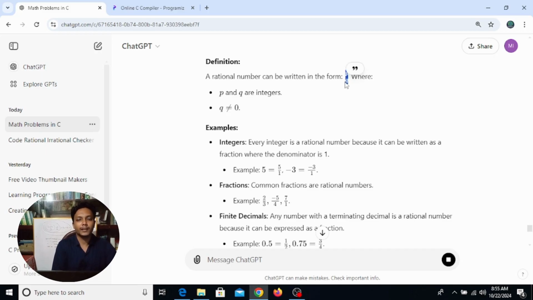You can't divide any number with zero. Every integer is a rational number because it can be written as a fraction where the denominator is 1. You can divide every integer, like 5 divided by 1, or 7 divided by 1, like this.